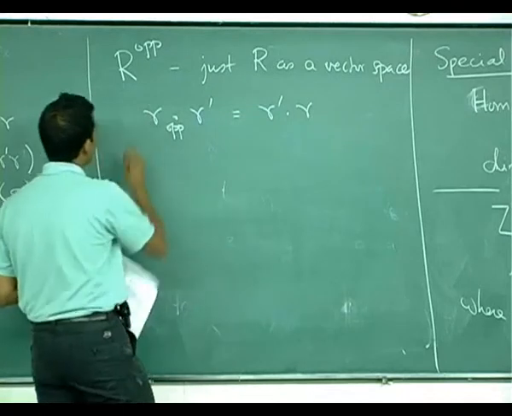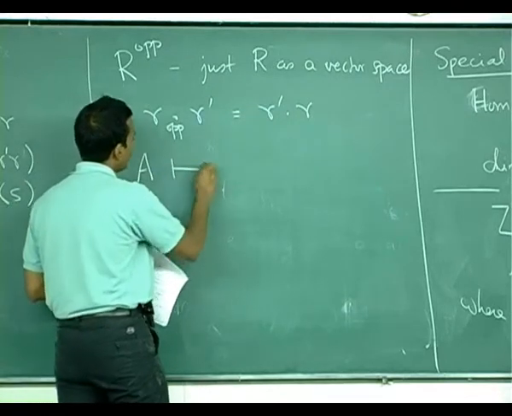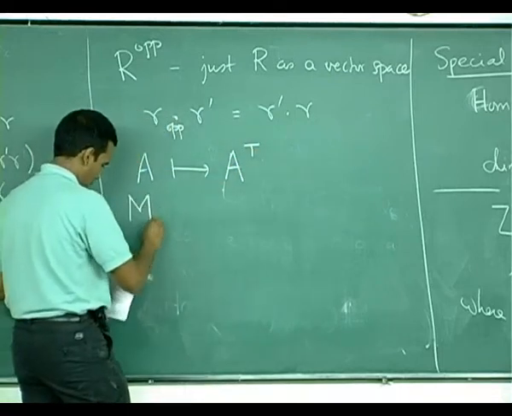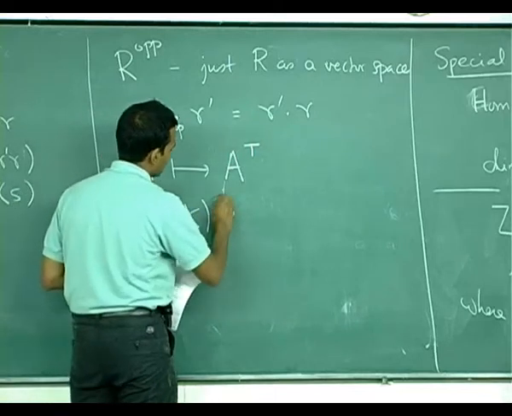For a matrix algebra, this doesn't matter. If you just take A goes to A transpose, this is an isomorphism from a matrix algebra to its opposite.